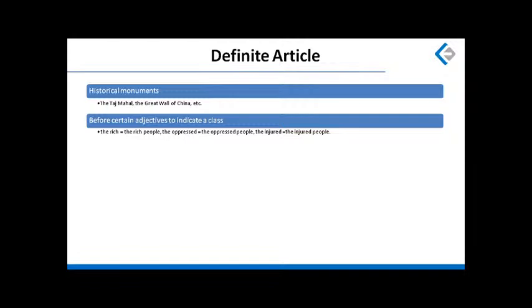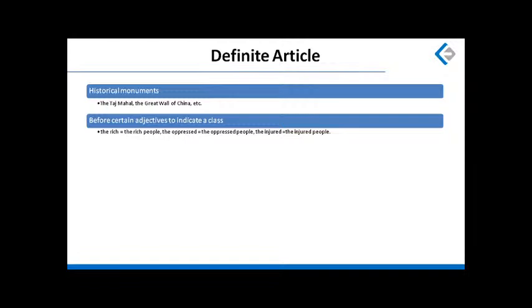It means if you use the definite article over there, as you can see, your reference rich, oppressed, poor, blind, injured, all of these used with the definite article will refer to the people, not the person.